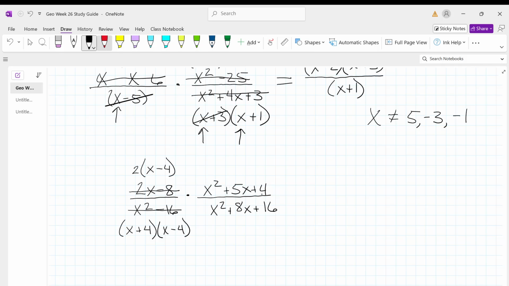X squared plus 5x plus 4 factors to x plus 4 times x plus 1. And x squared plus 8x plus 16 factors to x plus 4 times x plus 4.